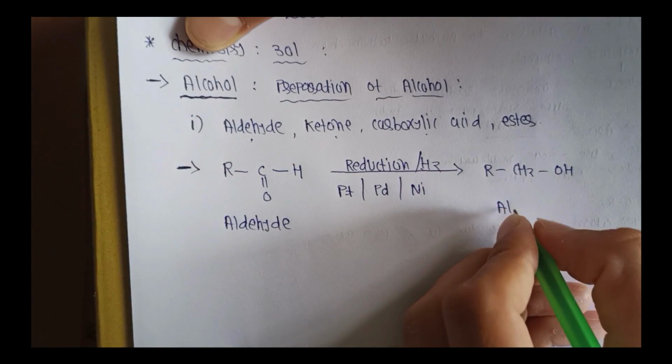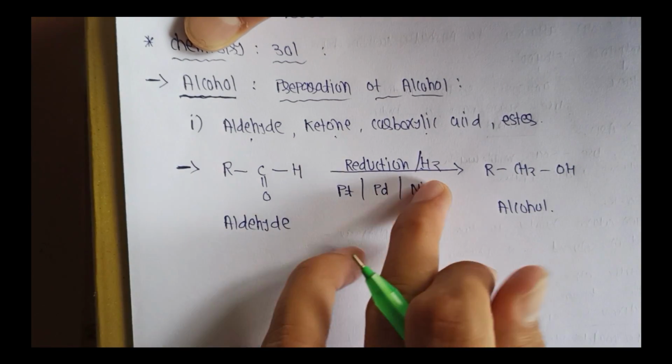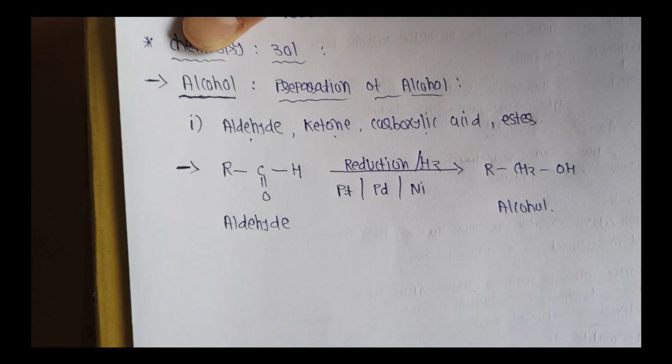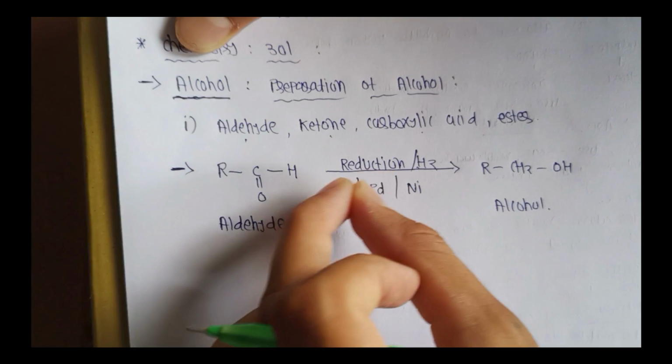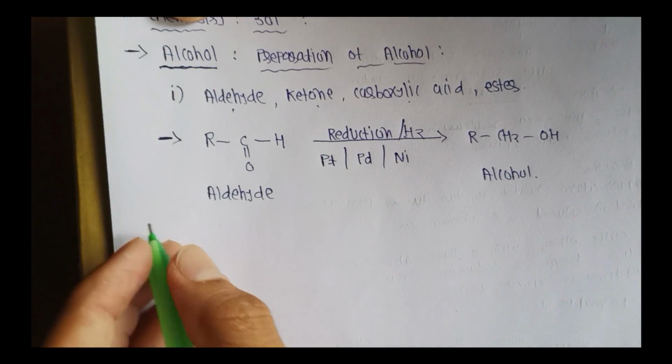This is the alcohol. Simply, reduction means hydrogen is added and the double bond is removed to prepare the alcohol. This is the first method of alcohol preparation from aldehyde.